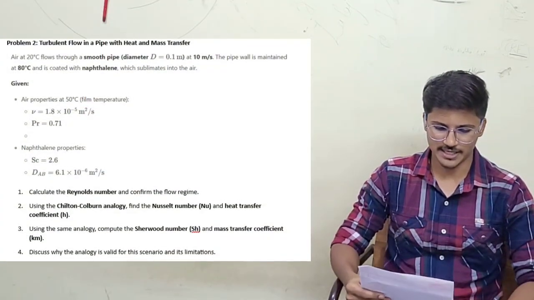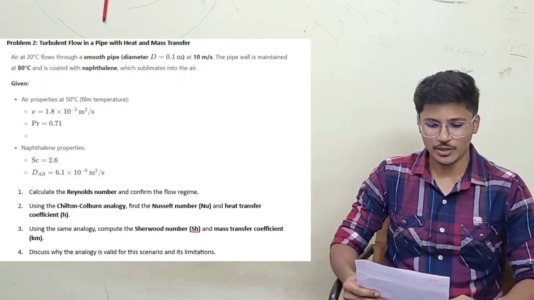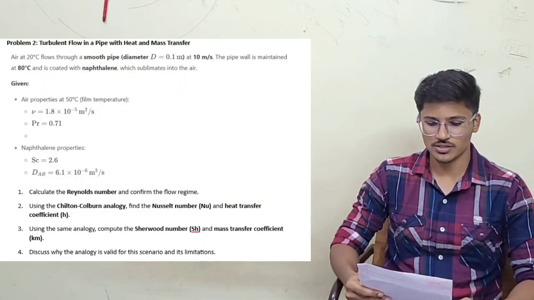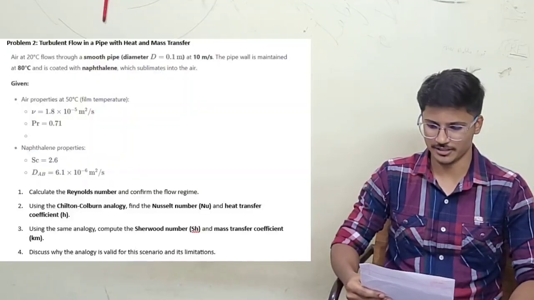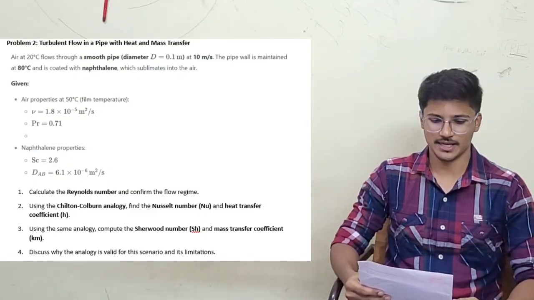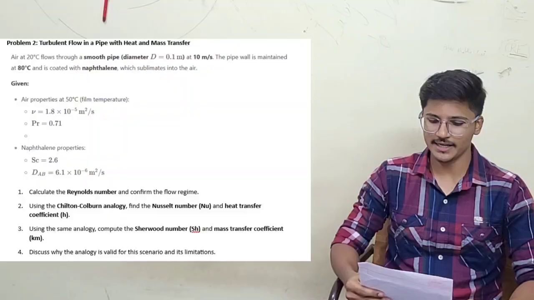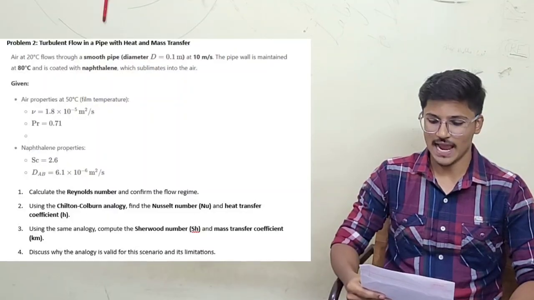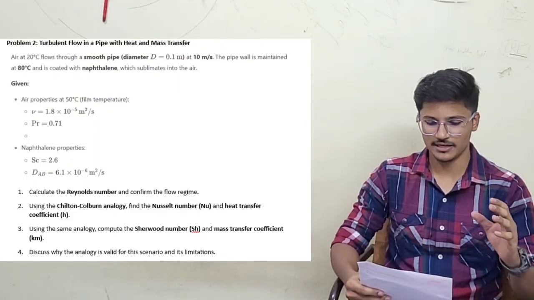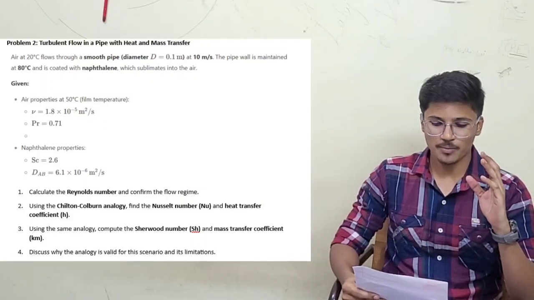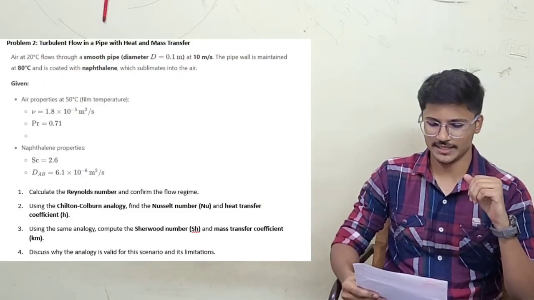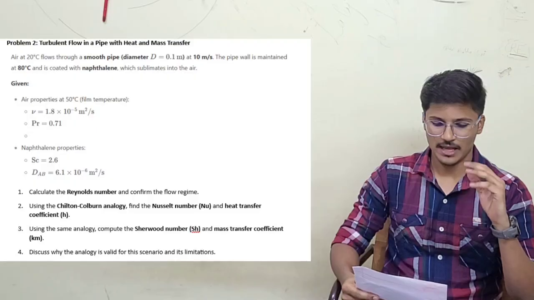The problem states that air at 20 degrees Celsius flows through a smooth pipe whose diameter is given to be 0.1 meter at 10 meter per second. The pipe wall is maintained at 80 degrees centigrade and is coated with naphthalene which sublimates into the air. The air properties are given at 50 degrees centigrade film temperature.